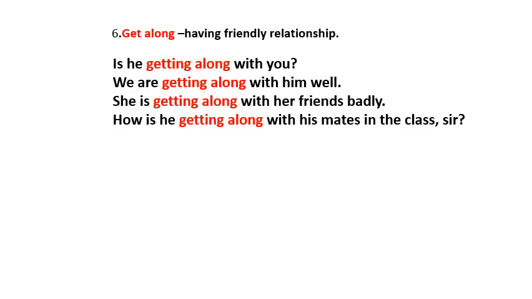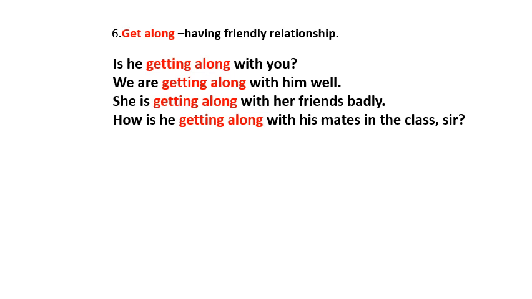Here are some more meanings of along. When we write along with get, it can give the meaning of having a friendly relationship. Look at the examples. Is he getting along with you? That means, is he having a friendly relationship with you?